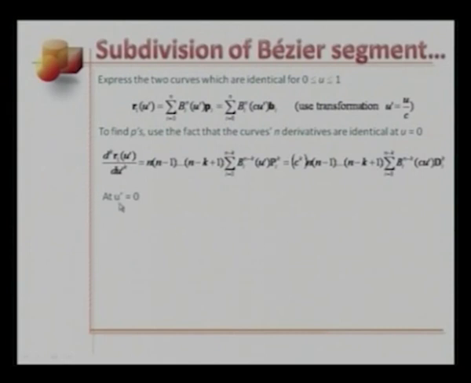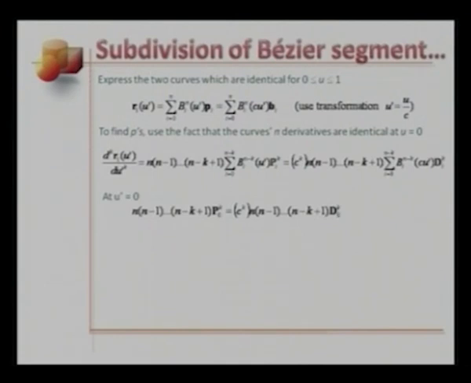Now, at u prime equal to 0, this equation becomes n times n minus 1 times a few more terms, the last term in the multiplication being n minus k plus 1, times p sub 0 k, is equal to c raised to k times n times n minus 1, a few more terms, times n minus k plus 1, times d sub 0 super k.